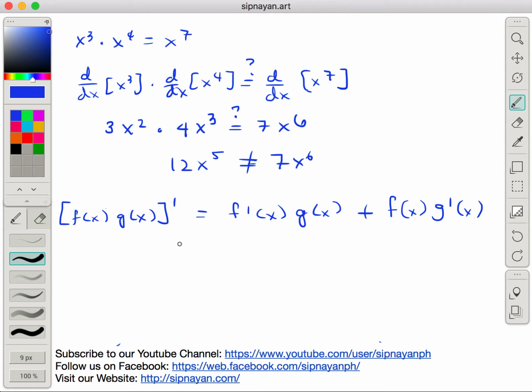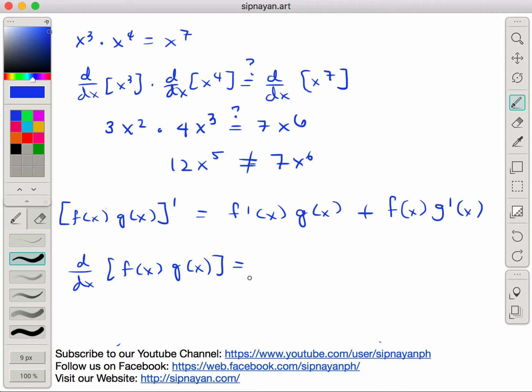Meaning, before tayo kunin yung derivative nito, no? Using the Leibniz notation, this is Lagrange notation, so using Leibniz notation, if you want to get the derivative of f of x times g of x, no?